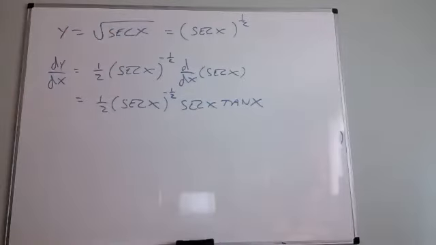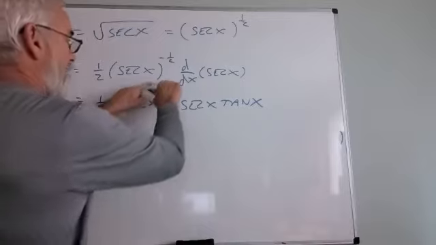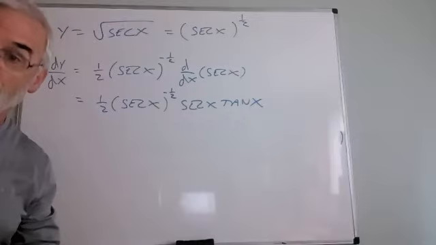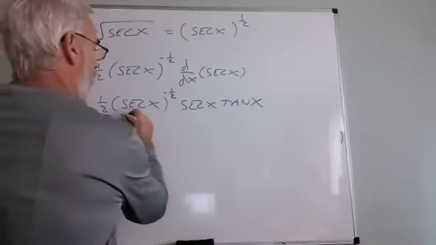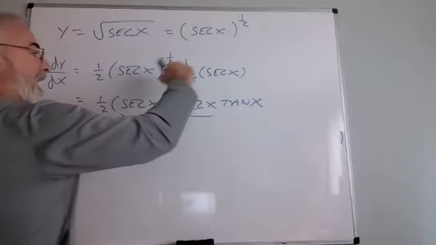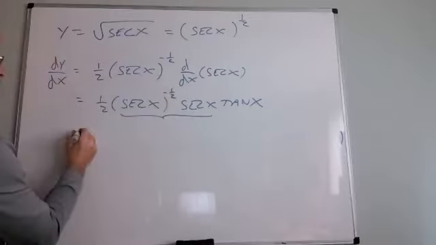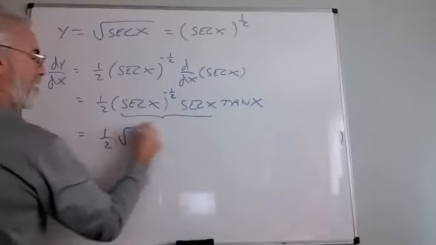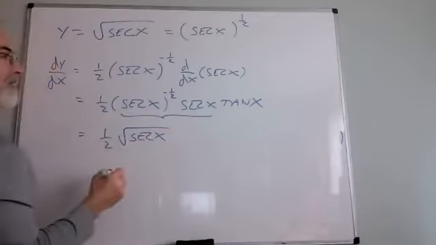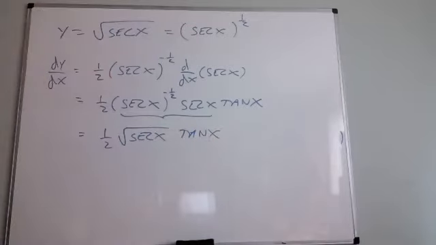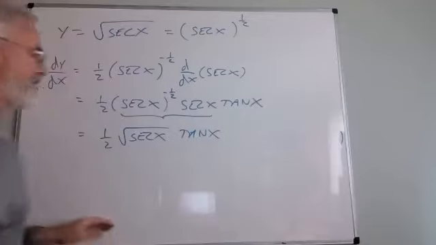Now, when you look at that, you notice I have secant function raised to a power, and then I have secant function, which is equivalent to secant function raised to the first power. So the rule here is, of course, I add exponents. So the -1/2 and the +1 give me a +1/2 power, which basically just puts me back to here. Back to square root of secant function, and then times the tangent not being under the root. So there is my final answer. That's the best answer I can give, and it was the simplest answer.